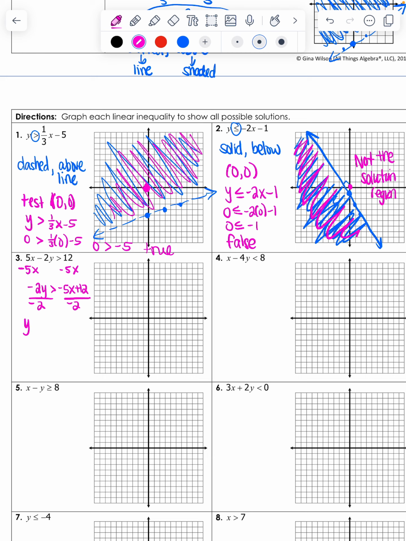We would get y is, don't forget, we're dividing by a negative, so it's going to flip the sign, 5 over 2x, and then -6. We would start at -6, 1, 2, 3, 4, 5, 6, and then we're going up 5 and over 2. This is going to be a dashed line, so not going to graph it like a solid line like we're used to.